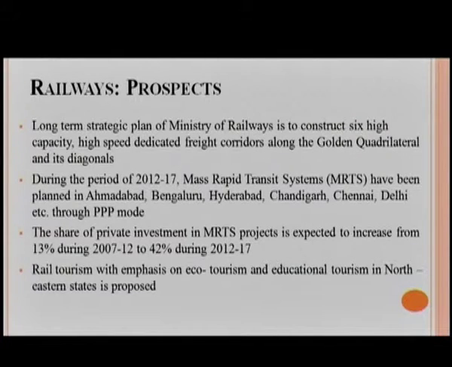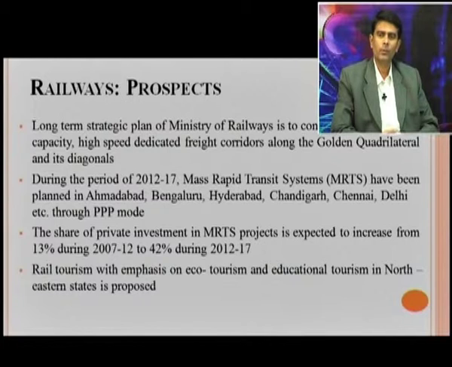The long-term strategic plan of the Ministry of Railways is to construct 6 high-capacity, high-speed dedicated freight corridors along the Golden Quadrangle and its diagonals. During the period of 2012-17, mass rapid transit systems have been planned in Ahmedabad, Bangalore, Hyderabad, Chandigarh, Chennai, Delhi through public-private partnership mode.